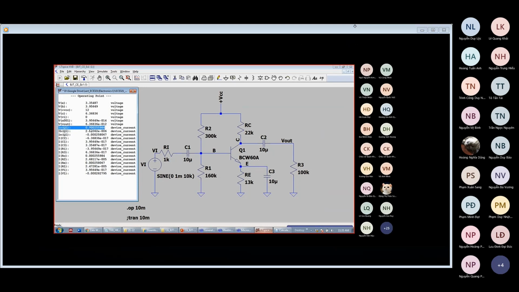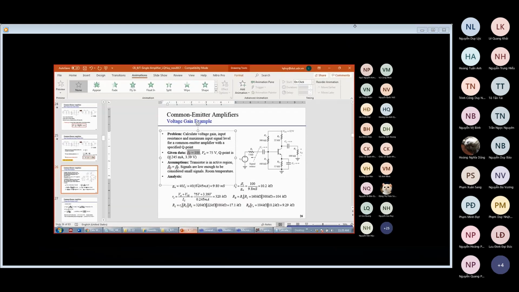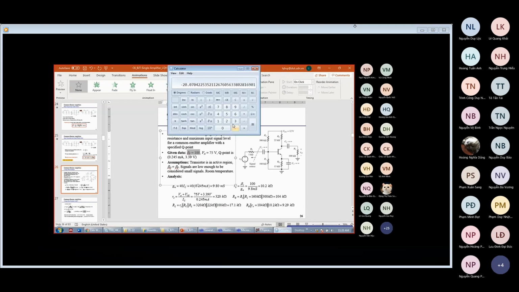Now the simulation result for IC is 0.25. So 0.25 minus 0.245, multiplied by 100 and divided by 0.256. The error for current IC is only 4%. Okay, it's acceptable.